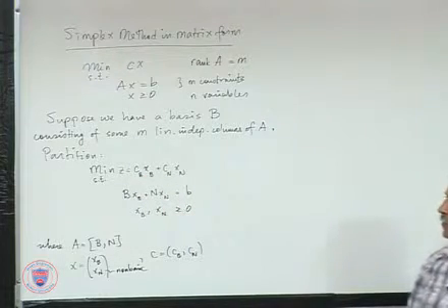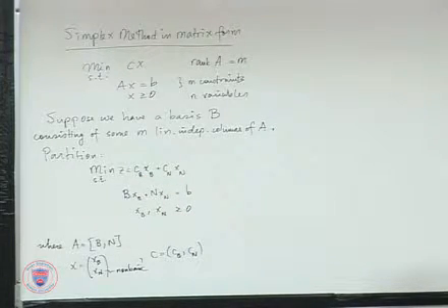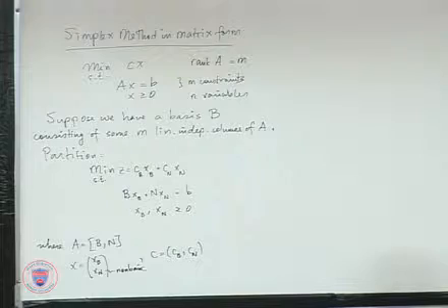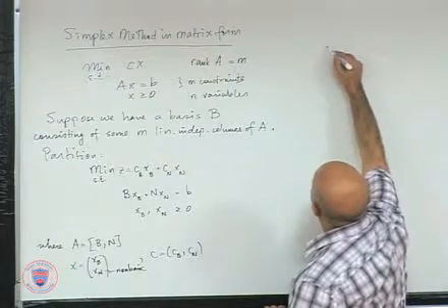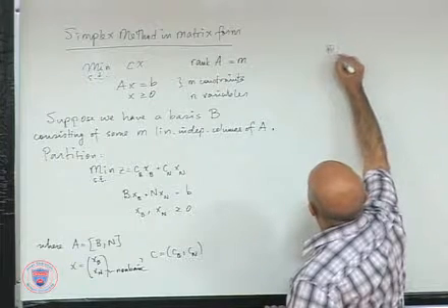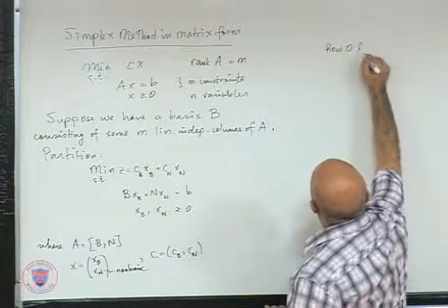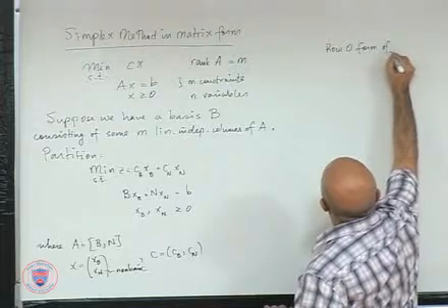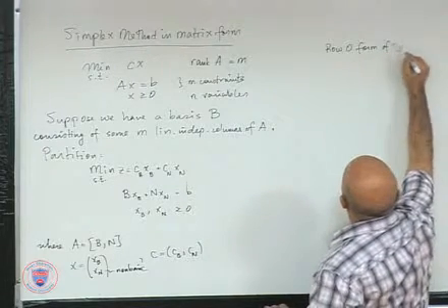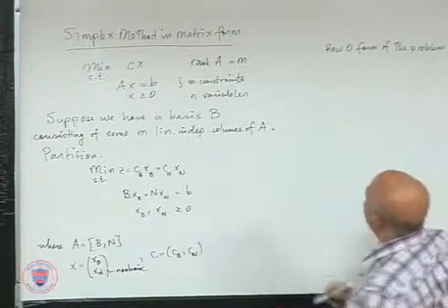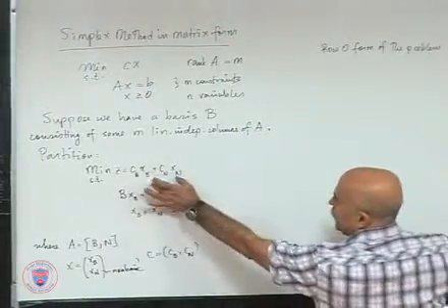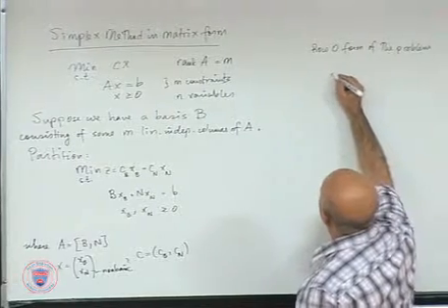And the value of the objective function, we term it by the variable z, which is your additional variable. And the row 0 form of the problem is simply the same thing.